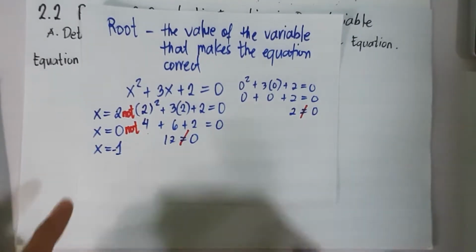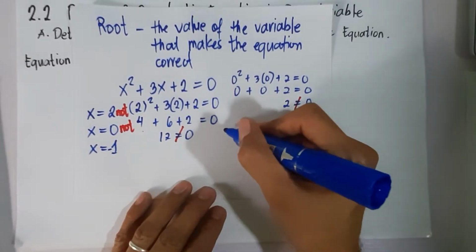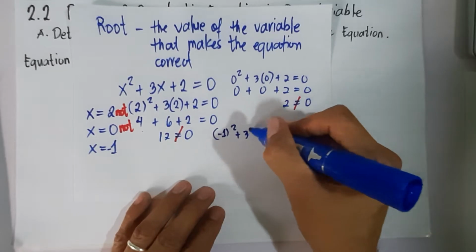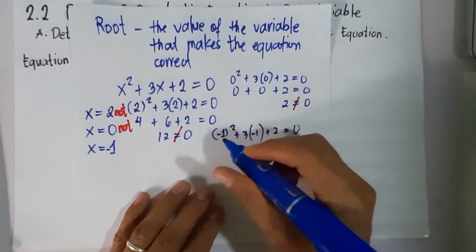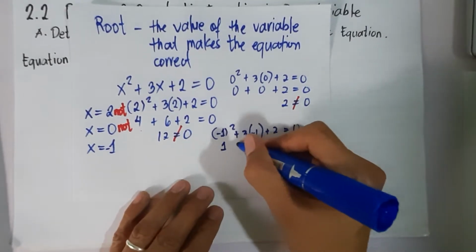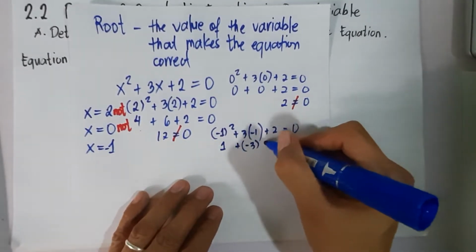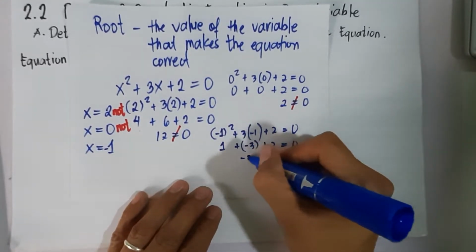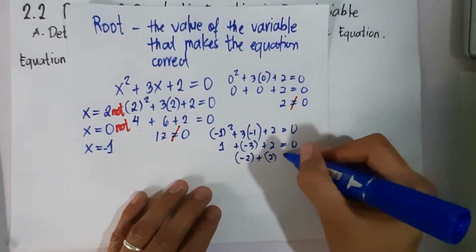Now let's try x is equal to negative 1. Negative 1 squared plus 3 times negative 1 plus 2 equals 0. Negative 1 squared is positive 1, plus 3 times negative 1 is negative 3, plus 2 equals 0. 1 plus negative 3 is negative 2, plus 2 equals 0.